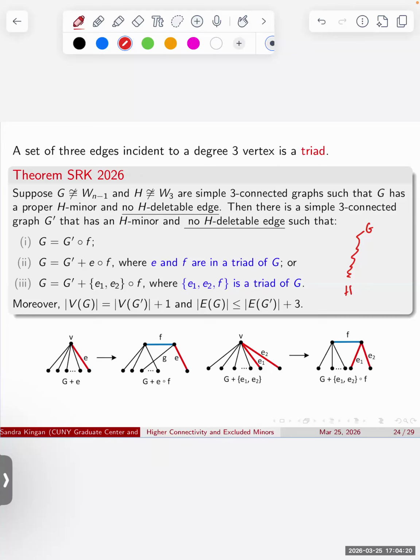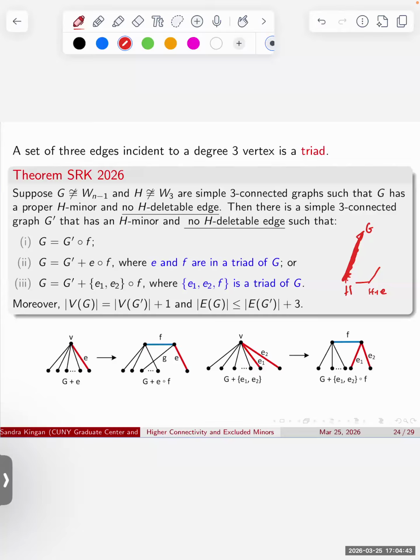And that's what this is saying: you can split vertices and get to G, right? Or you can add an edge and split a vertex, but in a very specific way.